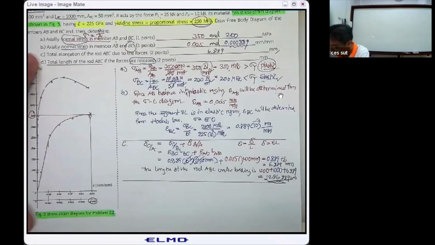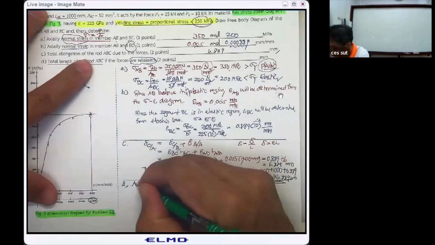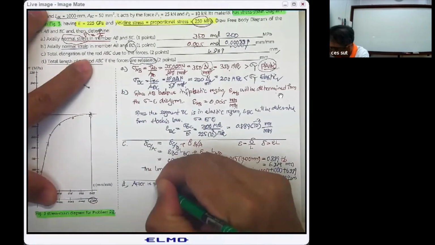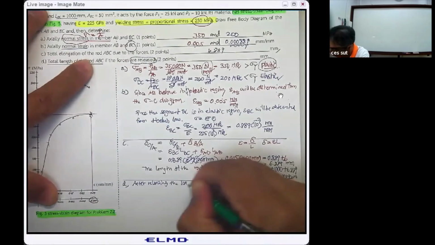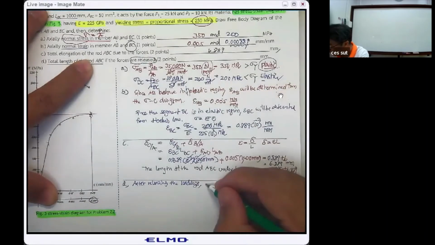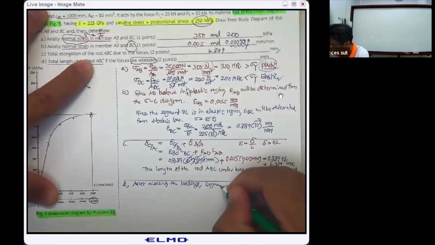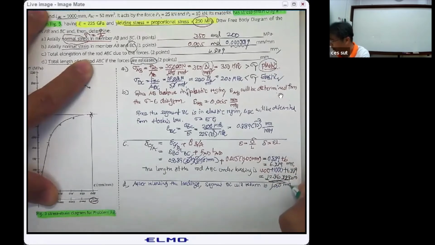Based on this point D, after releasing the loading, the segment BC will return to 1,000 millimeter.